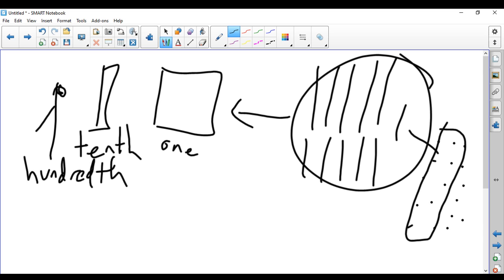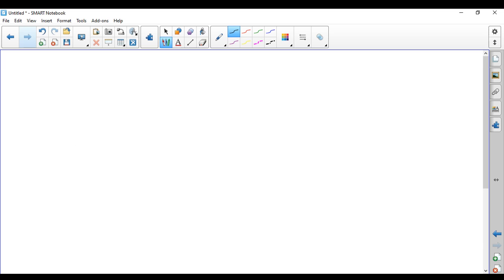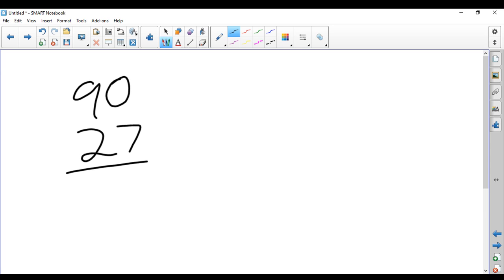So I'm going to go to question 2, and it says 27 tenths. So maybe you're looking at this and you're trying to do it with numbers and not pictures. Well, I want you to think about it like adding. Remember when you do basic addition, and let's say I had 90 plus 27, well, I would add down 7, and here, well, 9 plus 2 is 11.